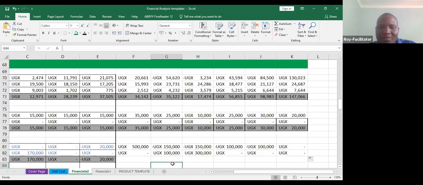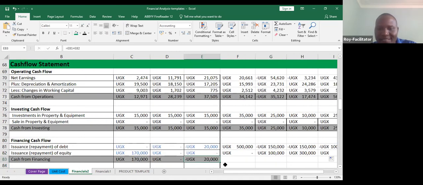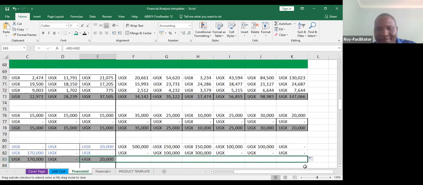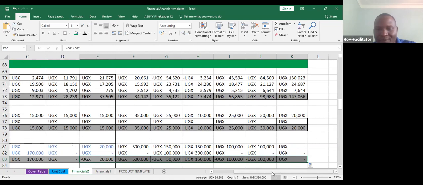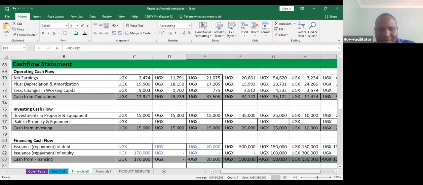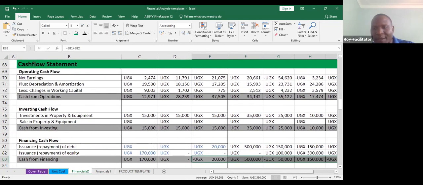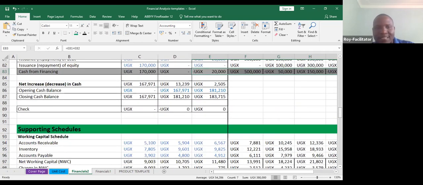For some of you, if you are giving dividends, dividends means money is going out, so you'll have to add dividends still on this financing bit. So I'll just now extend my formula here and add. Okay. So that is it.